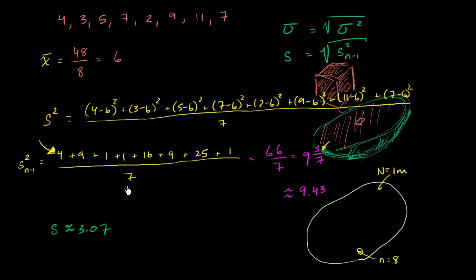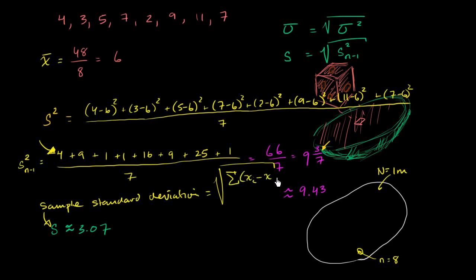But it actually turns out that because the square root function is nonlinear, this sample standard deviation, and this is how it tends to be defined, is the square root of our unbiased sample variance, so the sum from i equals 1 to n, divided by n-1. This is how we literally define our sample standard deviation.